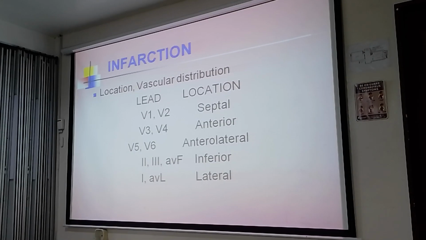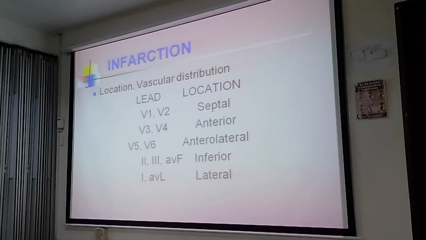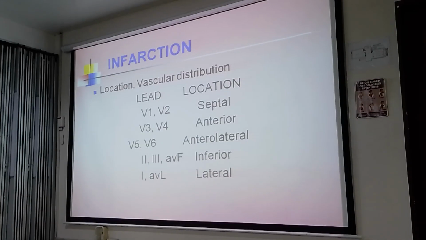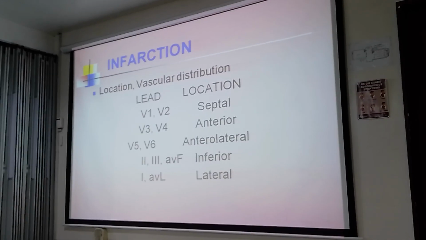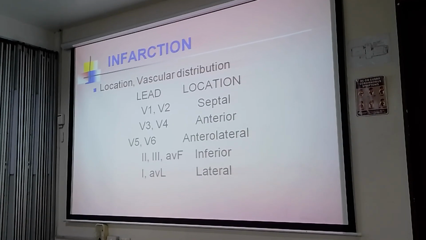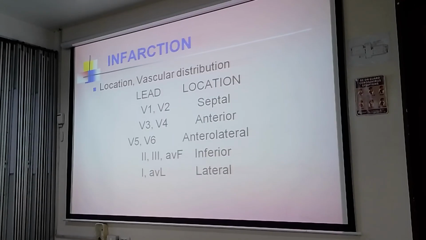Then when you see Q waves in V1, V2, it means there is septal infarction. In the septum, the ventricular septum is the one infarcted. V3, V4 Q waves, the anterior wall of the left ventricle. Okay? And V5, V6, anterolateral wall. 2, 3, aVF, the inferior wall of the ventricle that rests on the diaphragm.